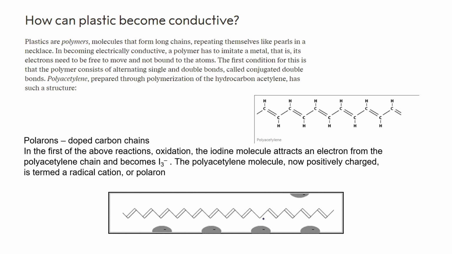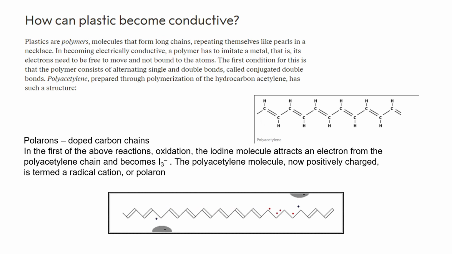For metals, because free electrons are there, they are very much conductive. But when it comes to organic molecules, this kind of electron transfer from one position to another is not easy or not possible. So generally these plastics are not conductive.